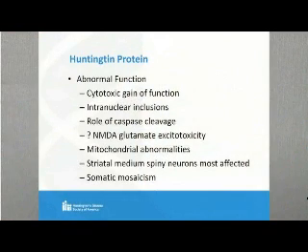The abnormal function is also not entirely clear. It's said to be a cytotoxic gain of function, meaning that the protein is active and doing something, but that function is toxic or damaging to the neurons. It's also noted that the protein shows up in the nucleus. Remember, I said it's usually in the cytoplasm, but it gets into the nucleus partly because it's cleaved or cut into smaller pieces in the cytoplasm and leaks into the nucleus, where it may do additional damage.